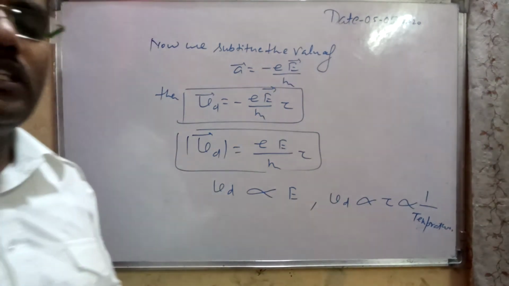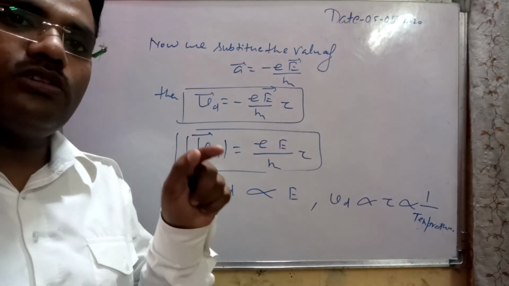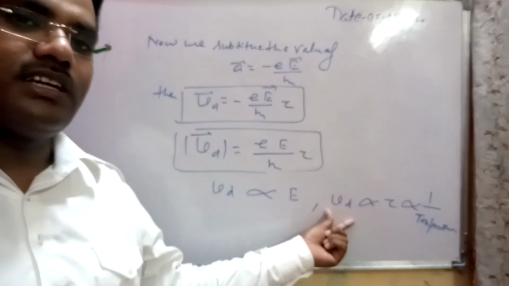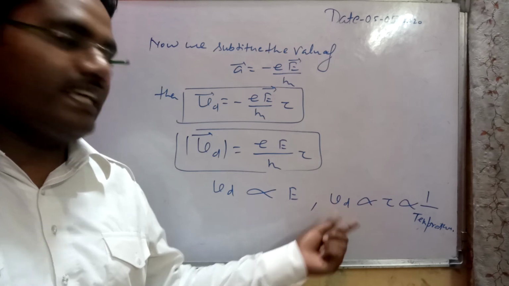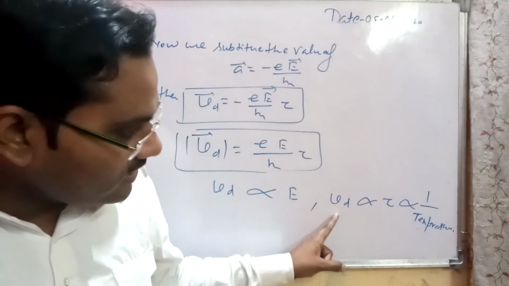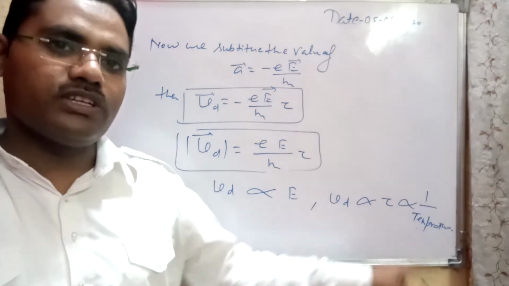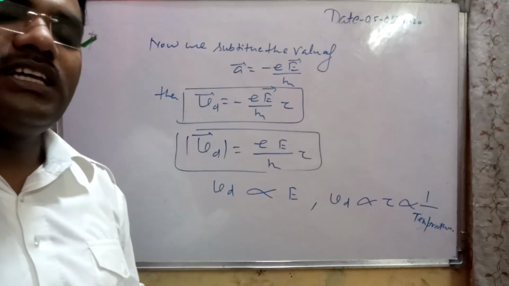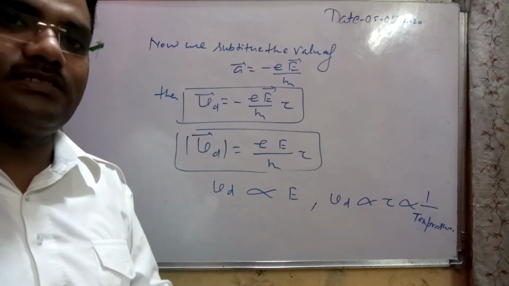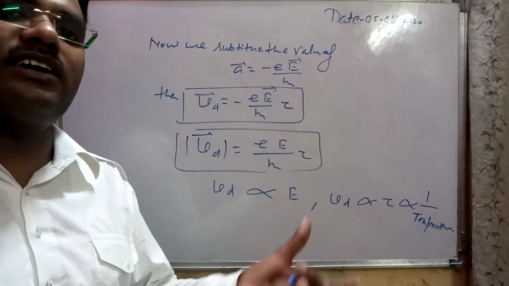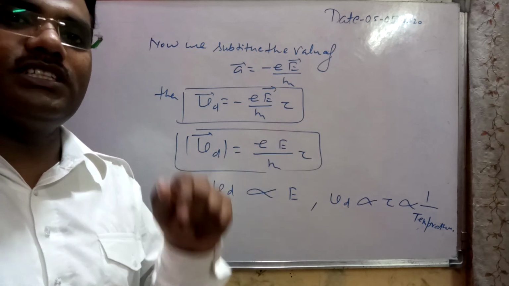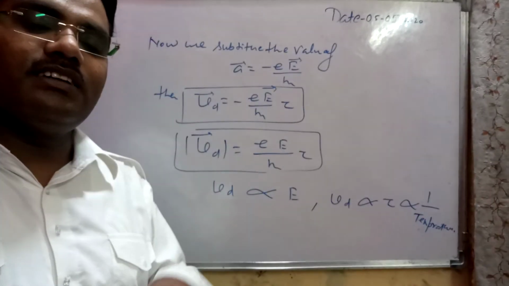If drift velocity decreases, then electric current also decreases. Electric current flow in any conductor is directly proportional to drift velocity. If temperature increases, then collisions increase. In a unit second there are a lot of collisions. If there are a lot of collisions, the resistance increases. If resistance increases, then current also decreases.